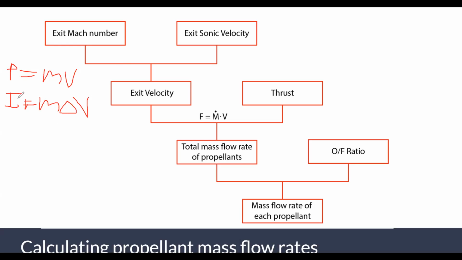And also from the definition of an impulse, total impulse is equal to force on an object times the time that that force is acting on the object. I'm not sure if that was covered in physics. This might be something more from dynamics, but yeah, that's the definition of an impulse.